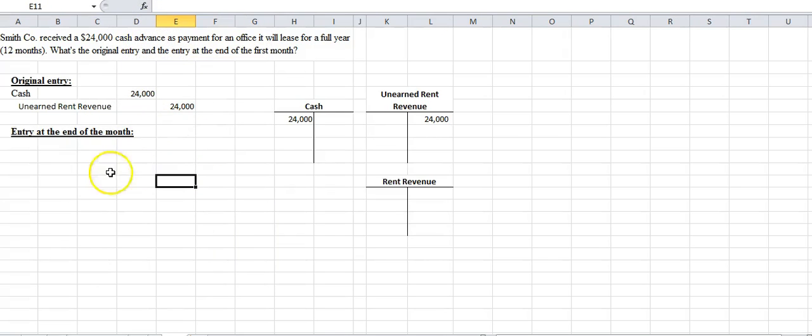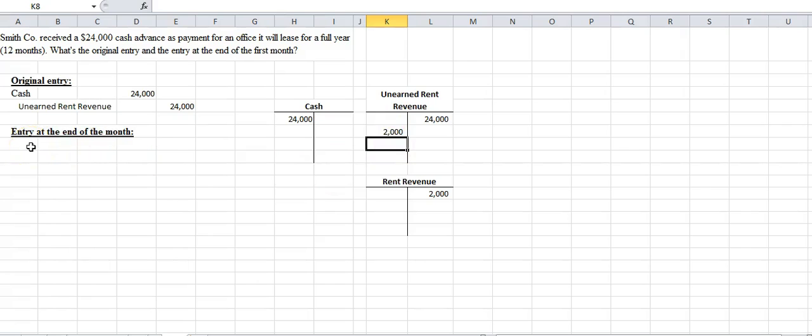Okay, so as every month goes by, we earn the $24,000. So when 1 month goes by, at the end of the first month, you recognize $2,000 in rent revenue. Sorry, revenue has a balance on this side, right? $2,000 in rent revenue, and you reduce your liability. You no longer owe this customer $24,000. So you lower it by $2,000 every month, right?